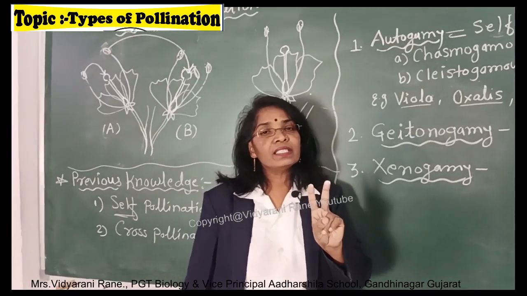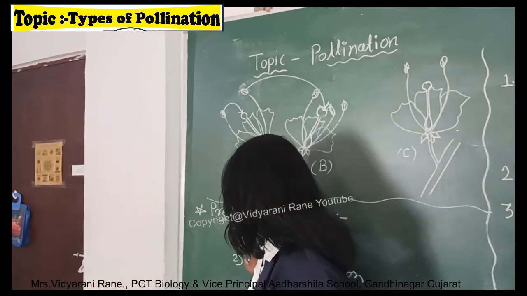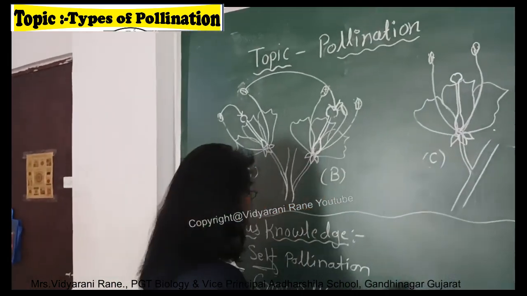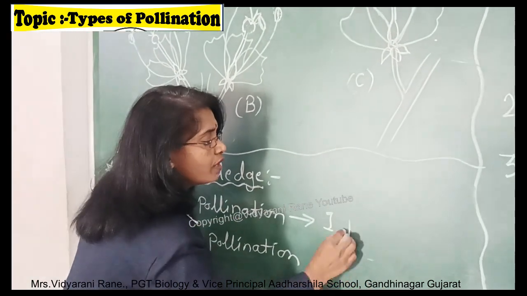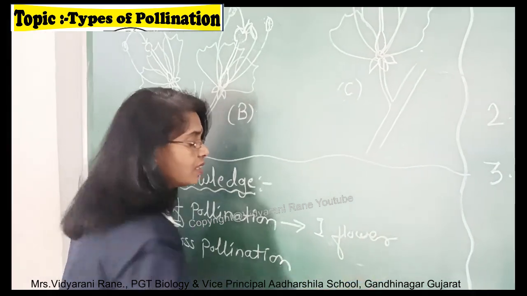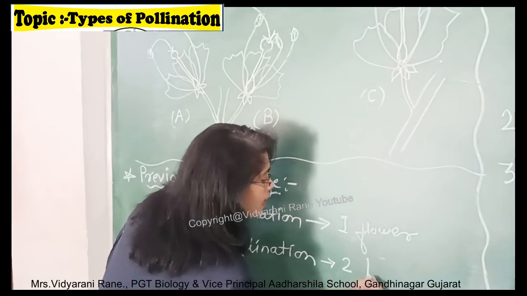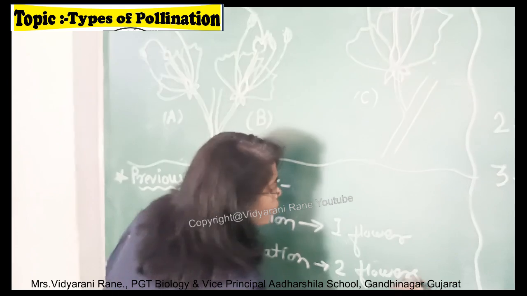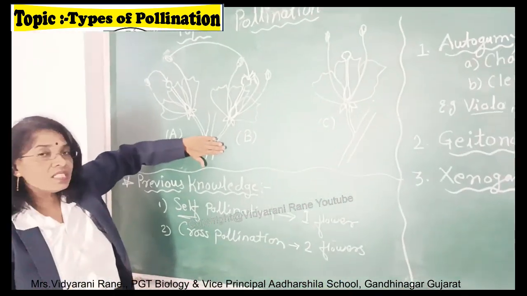This is the second type of pollination. Now in this, what happened? You have studied that in self-pollination a single flower is involved, and for cross-pollination two flowers are involved, right? Now take this example, this diagram.